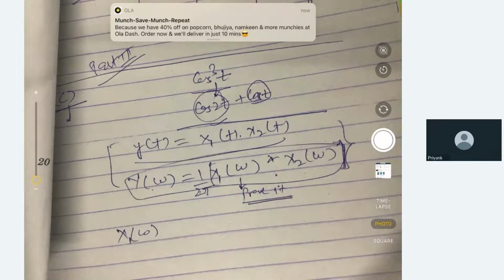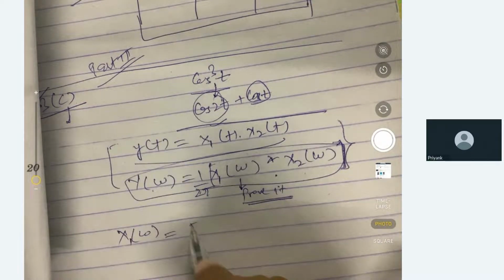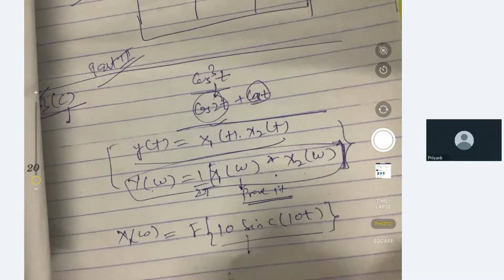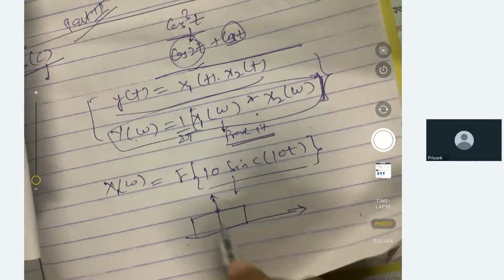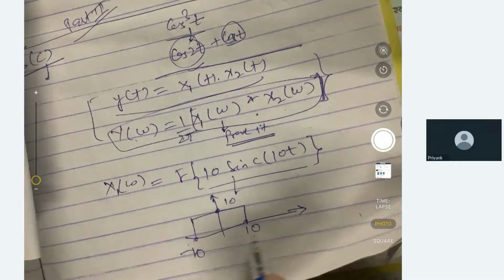Yeah. So x1 of omega will be equal to the Fourier transform of 10 sinc t. So this will be a rectangular function like this. We can plot it directly by seeing. That will be better. I think it will be from minus 10 to 10. And its value, I doubt whether it is 10 or not. We require to find it out.